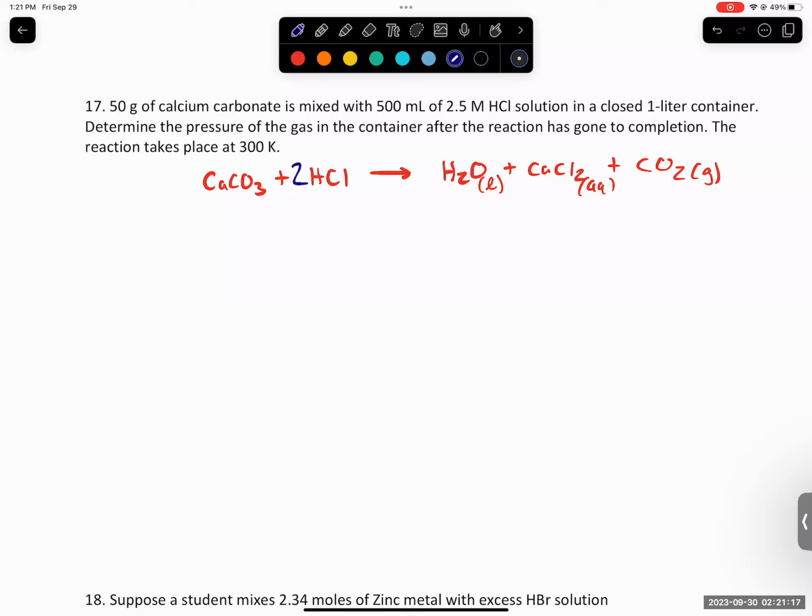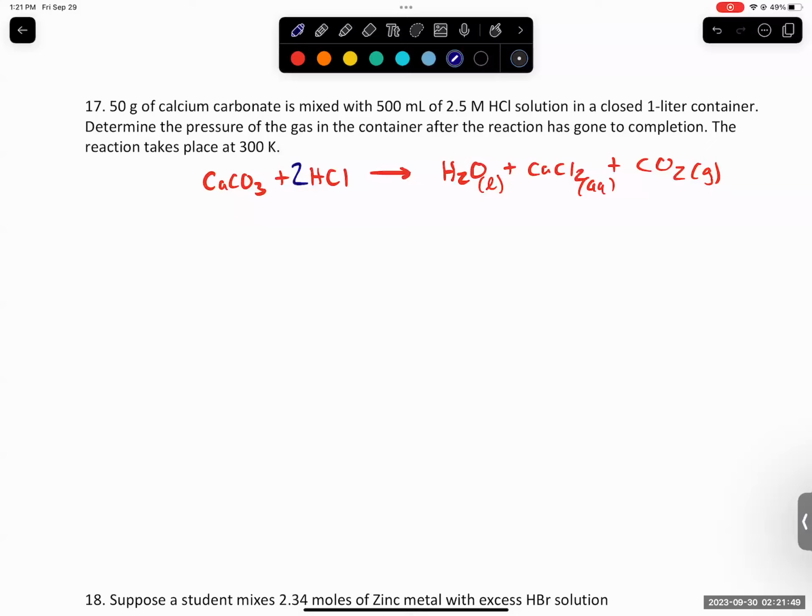But if we're given the mass or the moles of both reactants, what does that mean for how much product we form? What should we be looking for? Anyone? If we're given the information about 2 reactants, we should be looking for the limiting reactant, yeah.